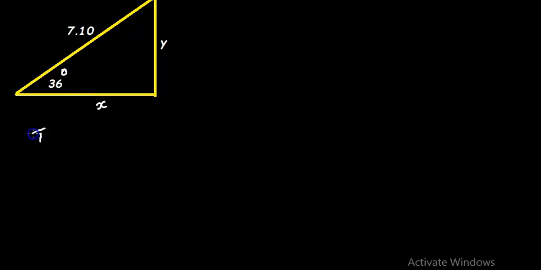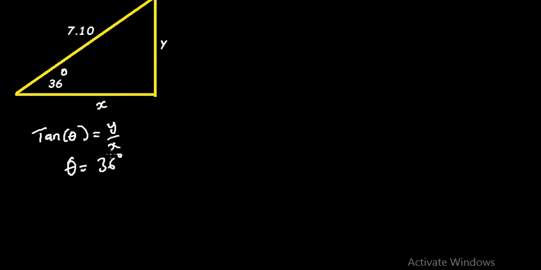In this case, we are going to have tan theta is simply going to be y divided by x, because tan theta is opposite over adjacent, and our opposite is y and adjacent is x. So, in this case, we are given our theta, which is the angle, 36 degrees.